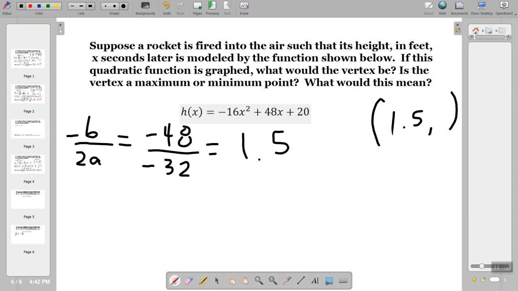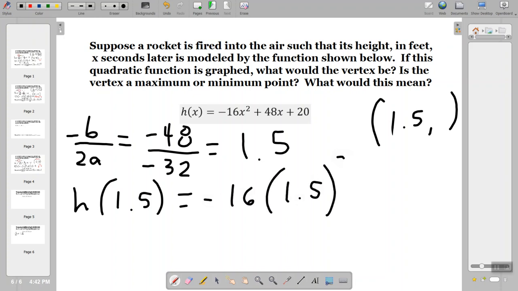Now the y-coordinate, we want to do h of 1.5. So negative 16 times 1.5 squared plus 48 times 1.5 plus 20. I'm going to go to my calculator for that.